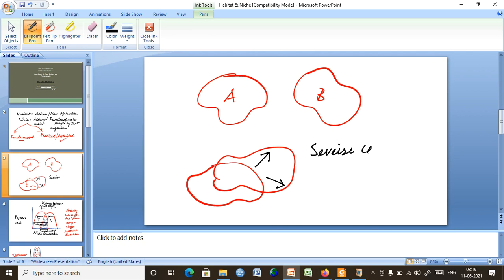So severe competition leads to divergence.